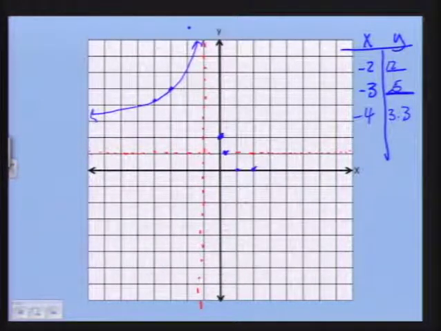Then over here, what we needed to know was what was happening between our 1 and our 2 for x, and we found that out. We found out that we're going to have 1.4 and negative 0.04. So I come over here to 1 and close to a half and negative 0.04 here.